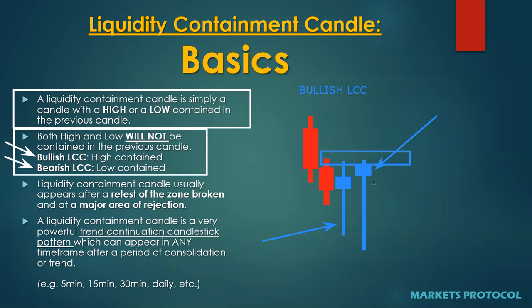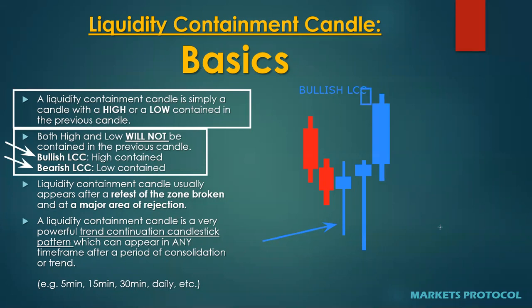So it's not perfectly contained, but the highs are contained here. What you should expect the next candle to do in this type of market structure is continue going bullish. The next candle will create a higher low, and once it breaks the high of the previous one, we're going to continue going bullish.